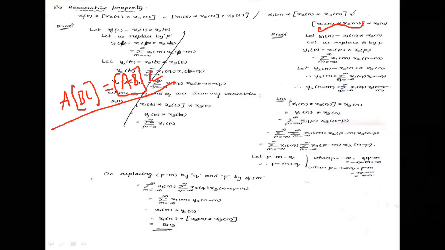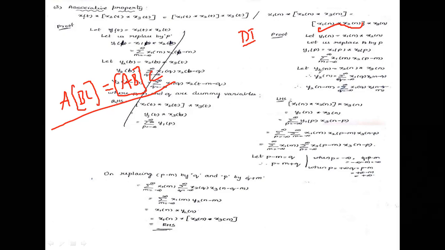And I have taken n values, which means the convolution is a discrete sum: the sum of k equal to minus infinity to infinity x1 of k, x2 of n minus k. But what is the n here now? The p. What is the k here? m. So x1 of m, x2 of p minus m.